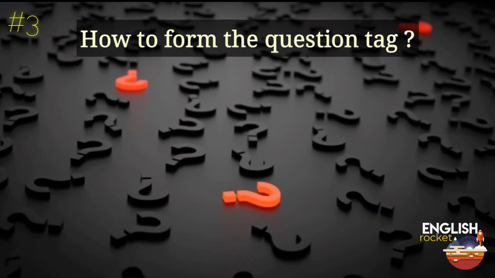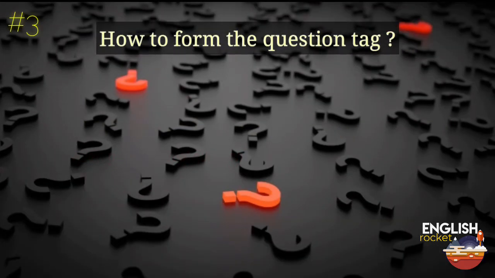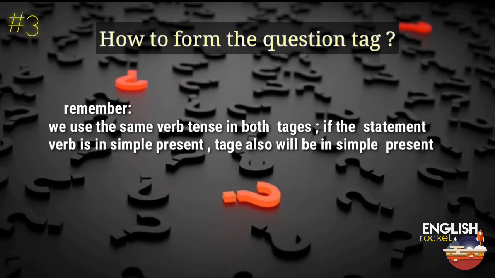After knowing what the question tag is and when we use the question tag, we come now to know how to form the question tag. But before I start explaining this, I want you to keep in your mind that in the question tag, we use the same verb tense in both parts. I know you are asking yourself now, what do I mean by saying this?